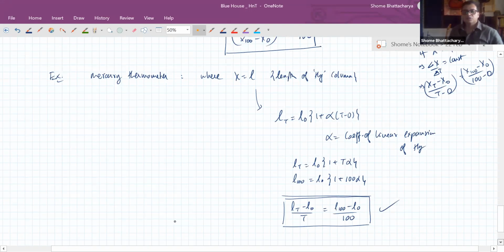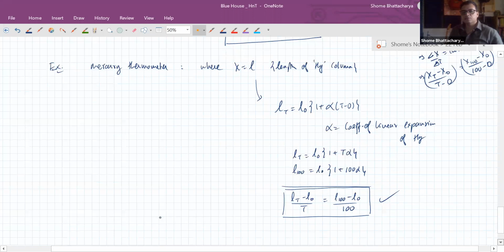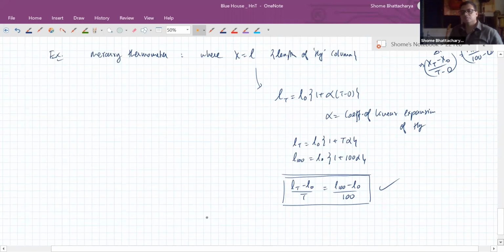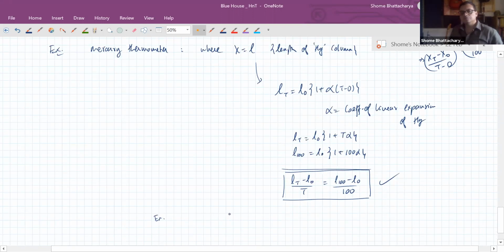So for example, you can get a very simple direct question like this: if L naught is equal to, let's say, 250 centimeters for a metallic rod, instead of a mercury thermometer we are using a metallic rod, and L100 is equal to 251.2 centimeters.